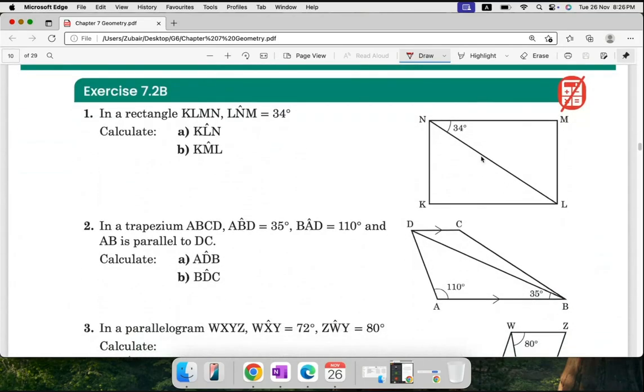Practice exercise. In a rectangle KLMN, LNM is 34. Calculate KLN. This is K, this is L, this is N. What would be this angle?